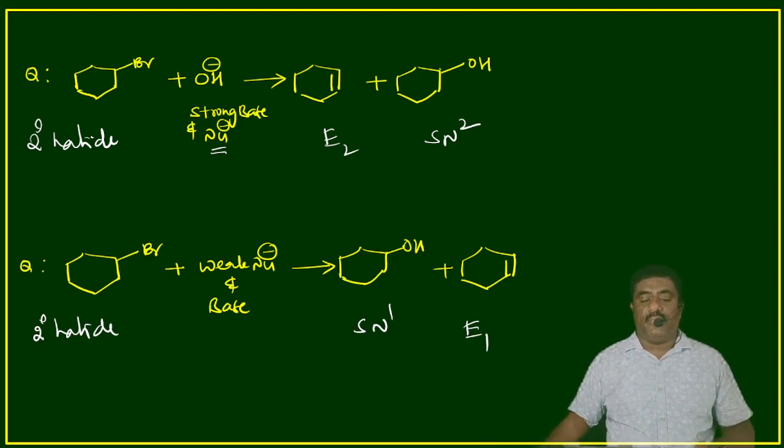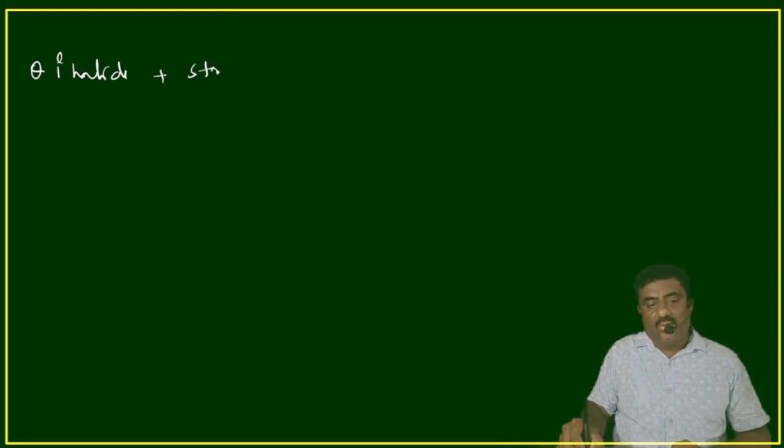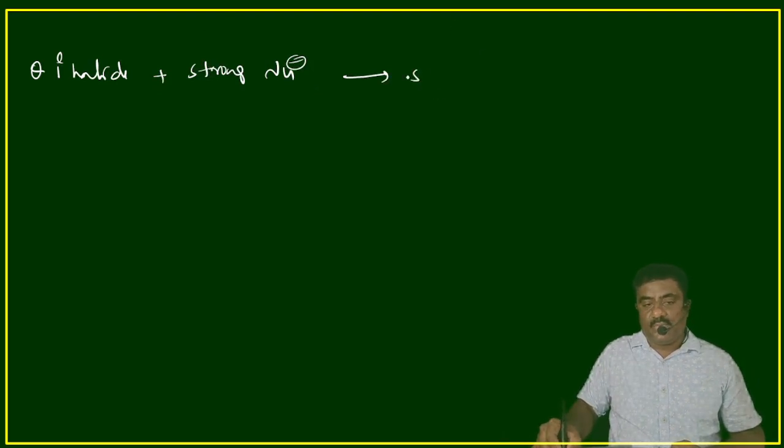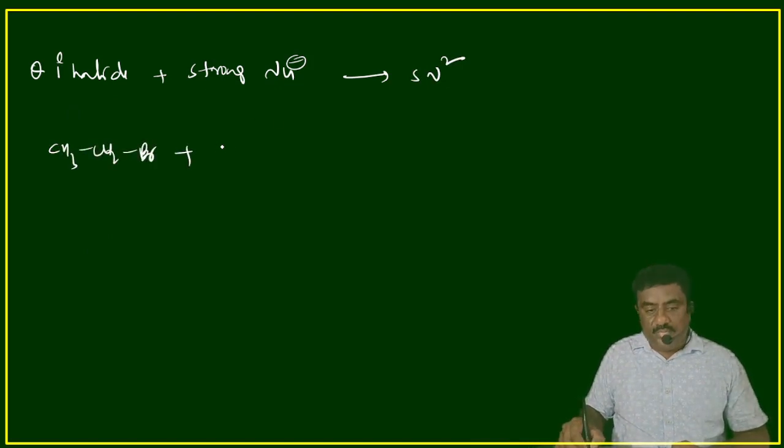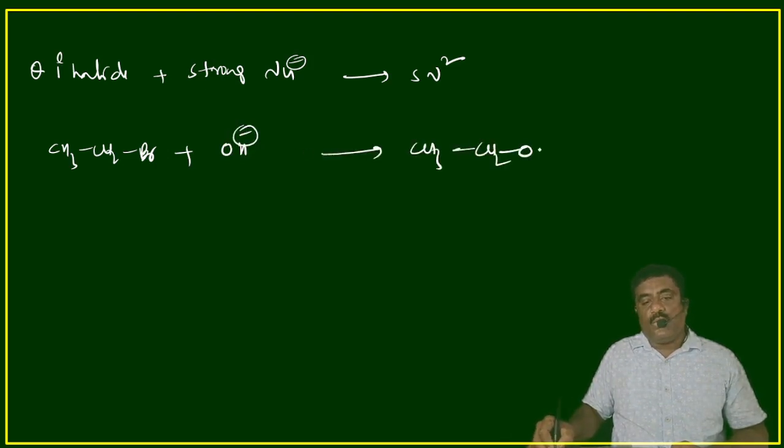Next, primary halide in the presence of a strong nucleophile. The possible reaction is SN2. For example, ethyl bromide CH3CH2Br in the presence of OH minus gives CH3CH2OH.